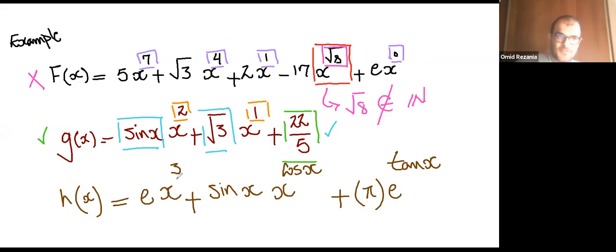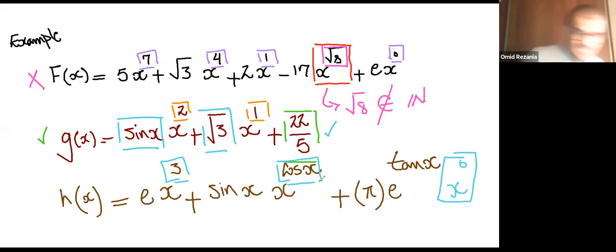We said that for the first term, the power is 3. For the second term, the power is cosine of x. And for the third term, the power is going to be what? It's going to be x to the power 0, huh? And we assume that this is accepted because it becomes 1, and it relaxes the restriction, since 0 doesn't belong to the natural numbers.